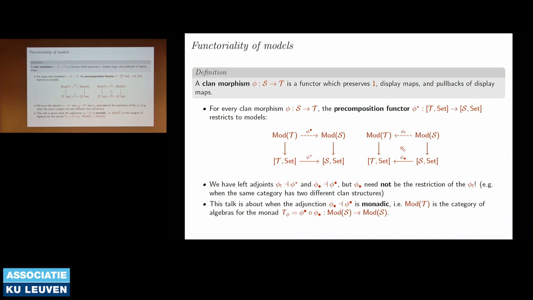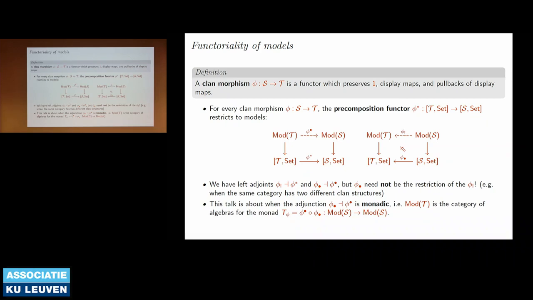And so in this diagram, both the phi star and the phi upper bullet have left adjoints, and here I did it the wrong way around. I want the phi bullet on the top.